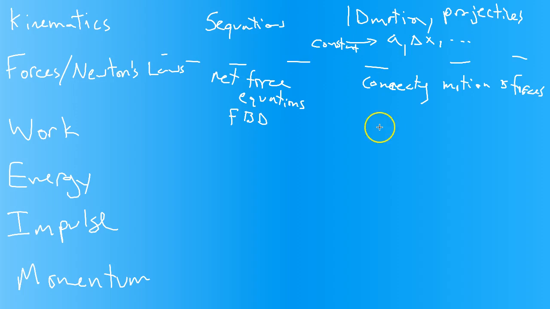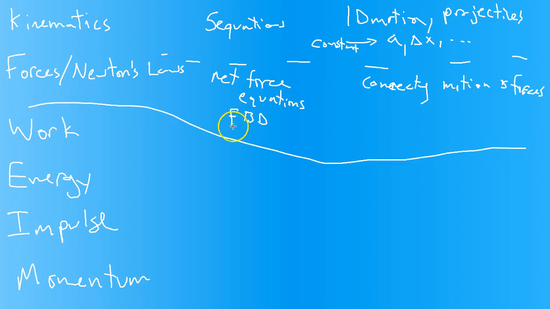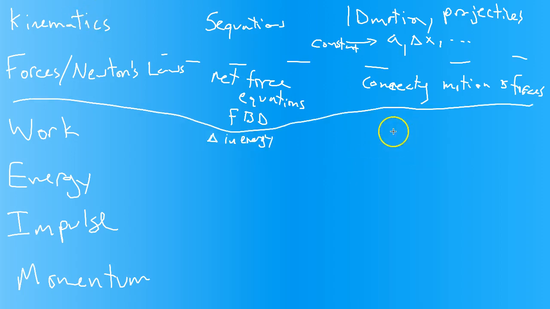Okay. Up next, we're going to talk about work. The key here is work is when there's a change in energy. For work, the thing that we really need to pay attention to is this: our clues for when to use work is when we have a force and a displacement.